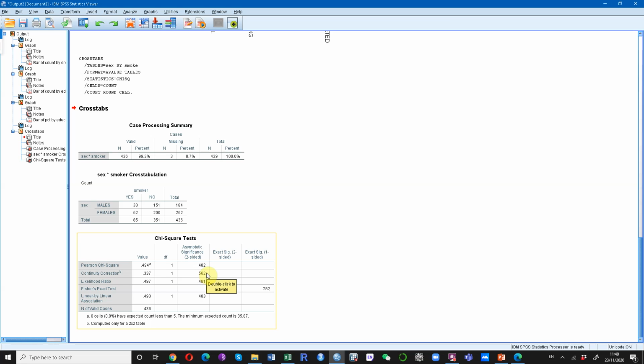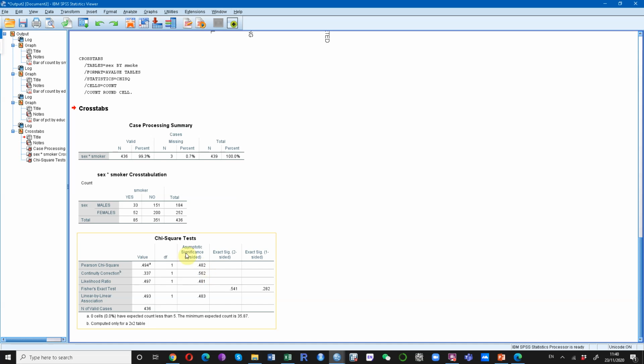What's hypothesis 1? Hypothesis 1 says there is a gender difference in terms of smoking behavior. And in this case, 0.562 is larger than 0.05. So hypothesis 1 is rejected. Hypothesis 0, the null hypothesis of no gender difference in terms of smoking behavior, has been accepted.